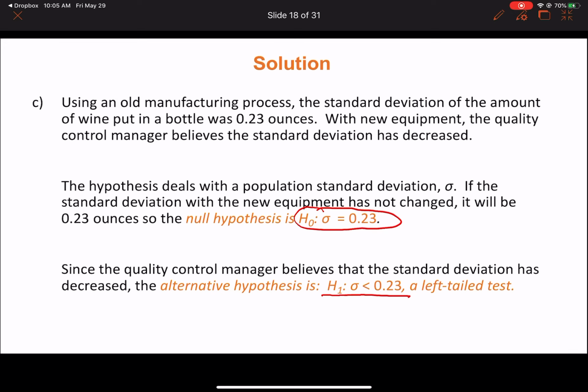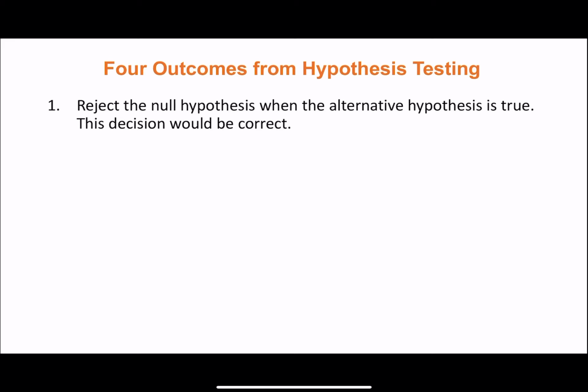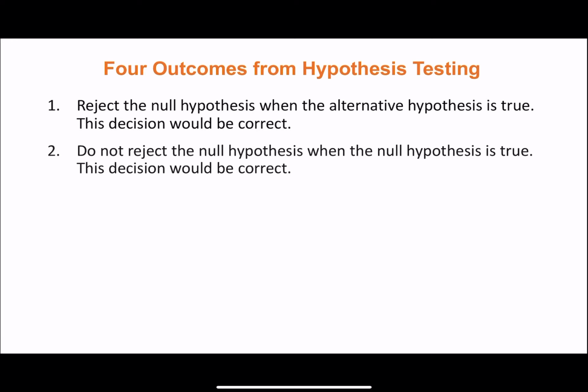All right. So here are 4 different outcomes that you can get from your hypothesis test. You can reject the null hypothesis when the alternative hypothesis is true. This is correct. You do not reject the null hypothesis when the null hypothesis is true.